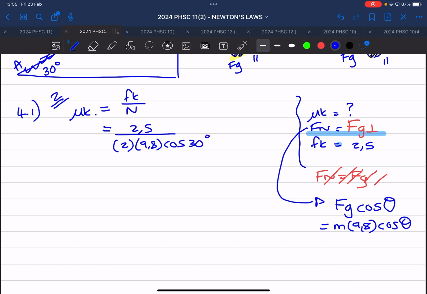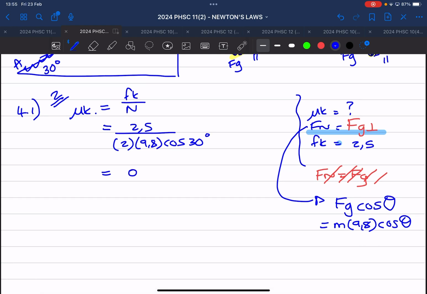When you calculate that, what did you get? 0.15. Is there a unit?